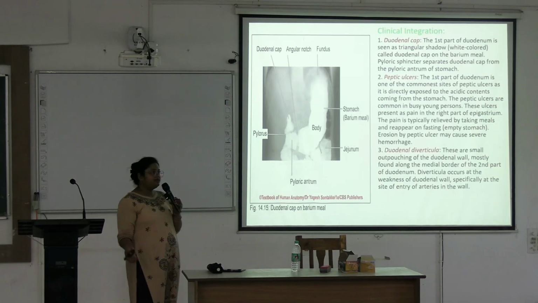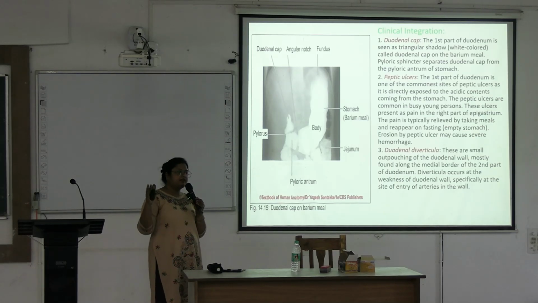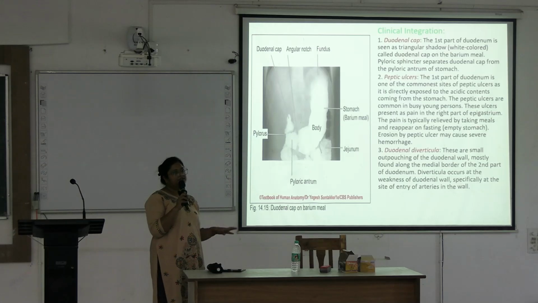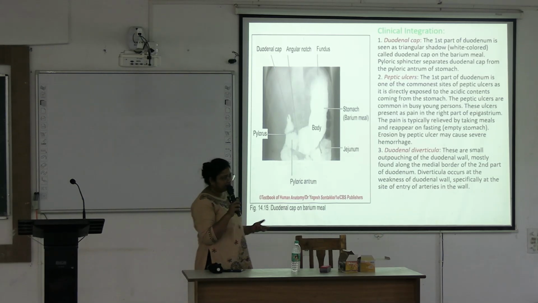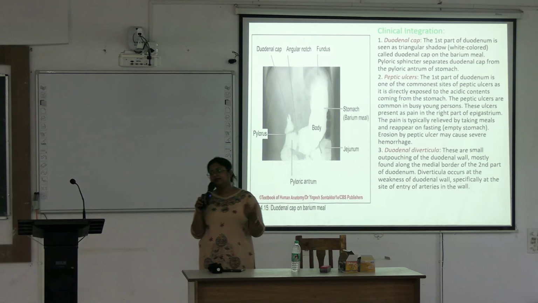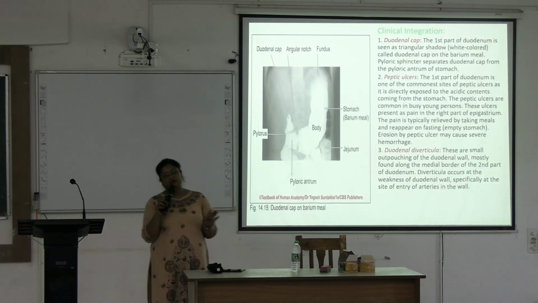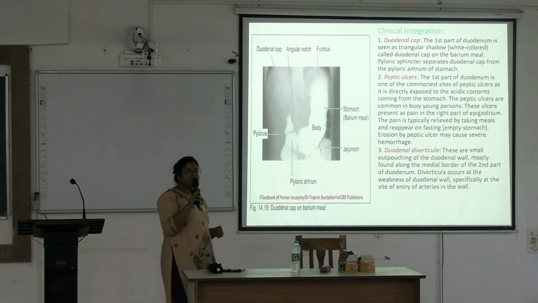But in the case of gastric ulcer, which occurs in the stomach wall, there will be weight loss in the patient because during food intake there will be irritation of the stomach wall and a chance of bleeding and pain. So they will have anorexia. They don't want to eat food because it will cause pain.